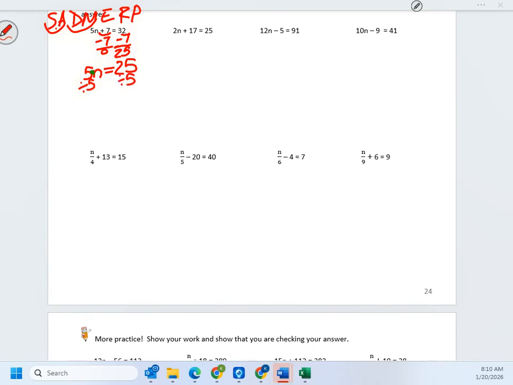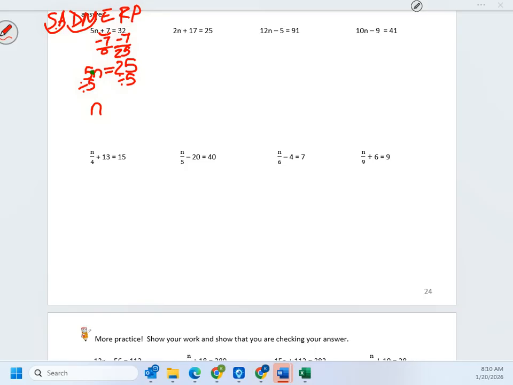5 divided by 5 is 1. When I write my variable of n, I know that in front of those variables is going to be a 1, because 1 times a number, that number stays the same. So it's another invisible math. We know there's a 1 in front of that variable. We don't have to write it.